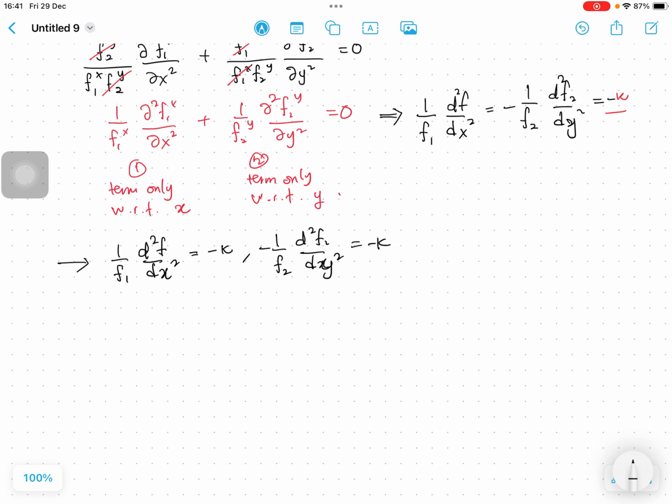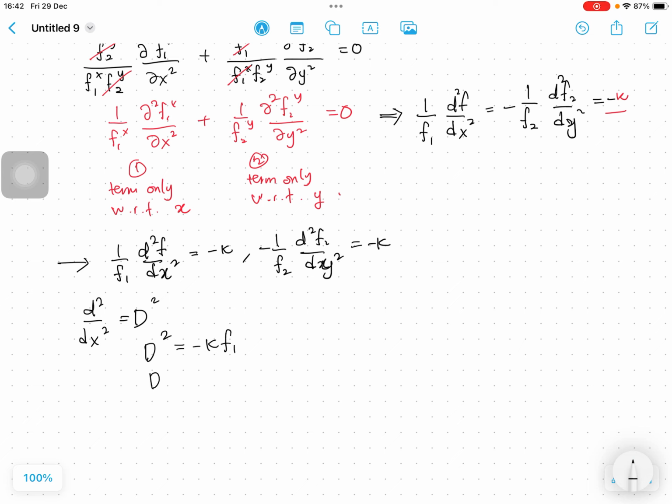The important part is to look at the solutions. We try to find the roots. Take d²/dx² equal to D², so we are finding roots of D. So D² equals minus k.